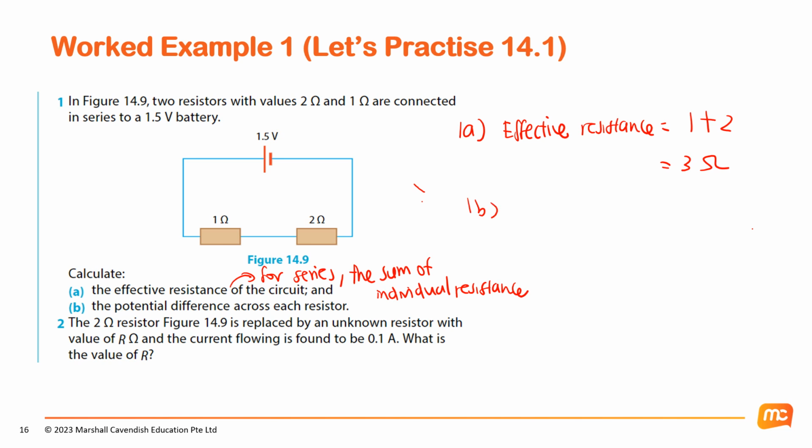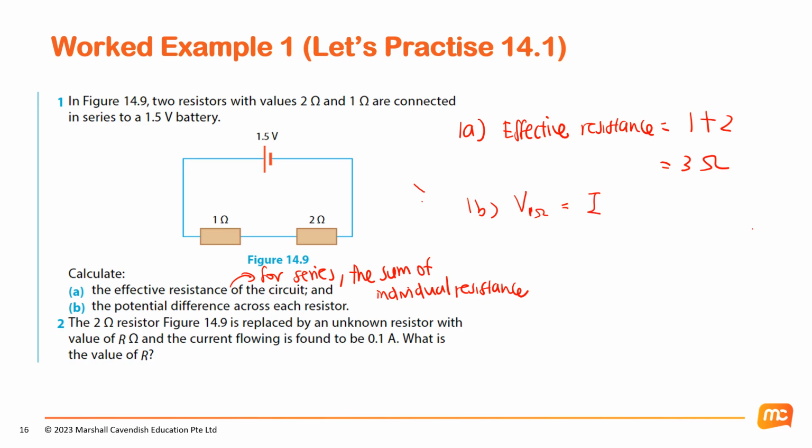Now 1b, the potential difference across each resistor. So let's say what is the potential difference across the first resistor with 1 ohm? I use a subscript to denote the voltage or the potential difference for the first 1 ohm.